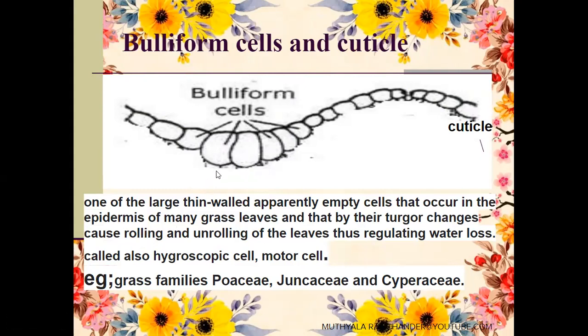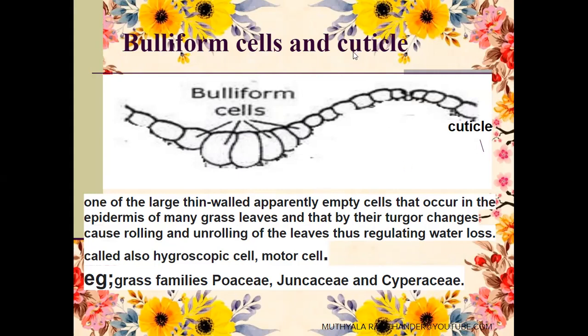If sufficient water is present in the soil, the bulliform cells reabsorb water and enlarge in size, and the leaf is in an unrolled condition. The bulliform cells mainly help in controlling water loss.